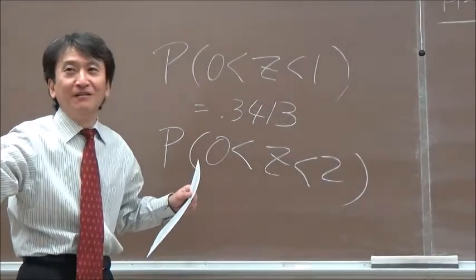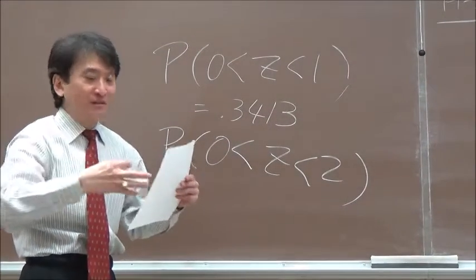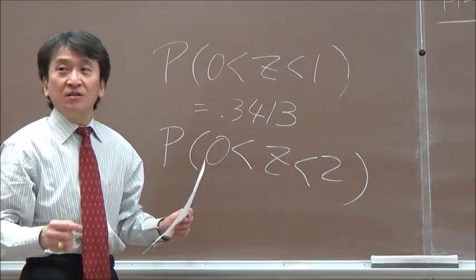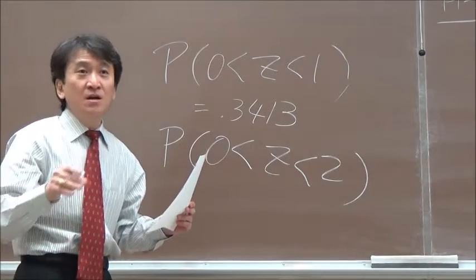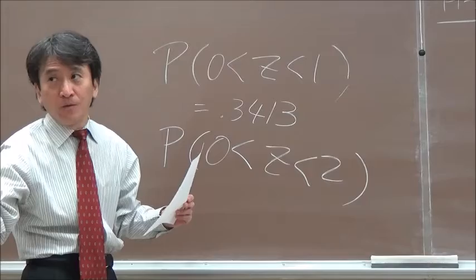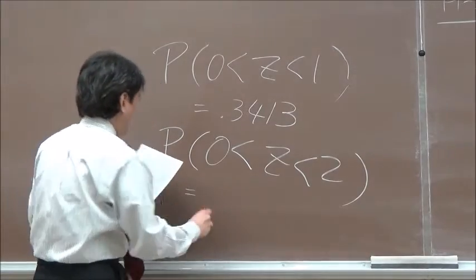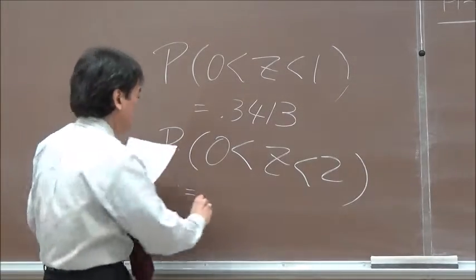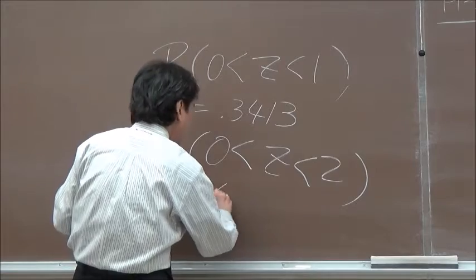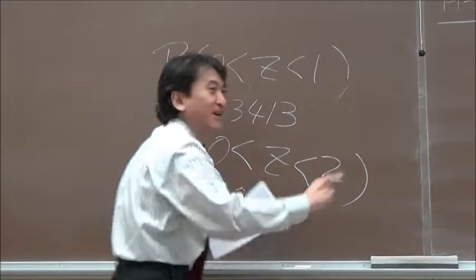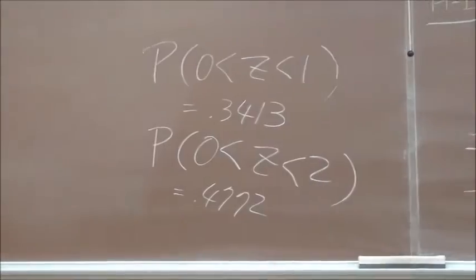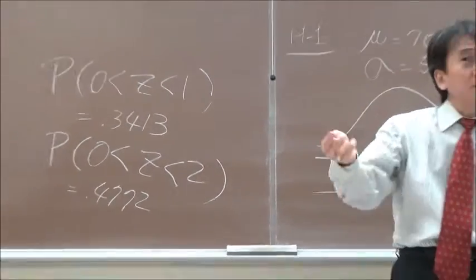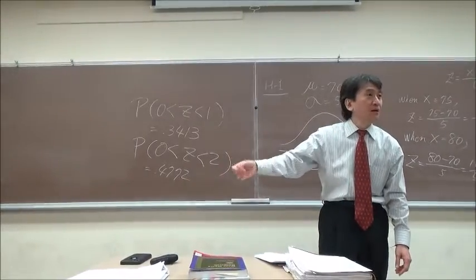Excellent. Now the next one. The probability under the curve between 0 and 2. 0.4772. Exactly. Excellent, you guys. 0.4772, right?